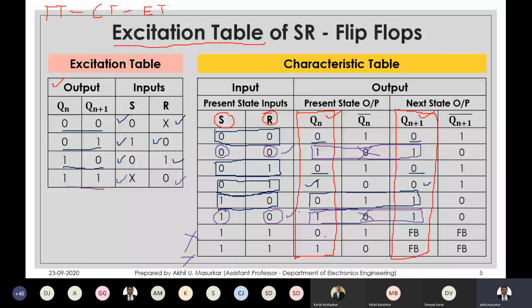Sir, in the present state, how are we getting outputs for the forbidden condition?